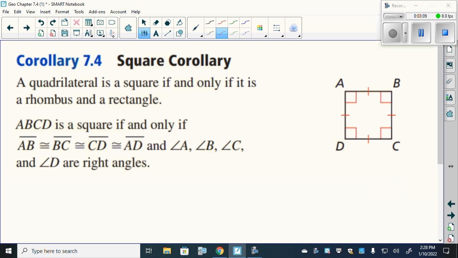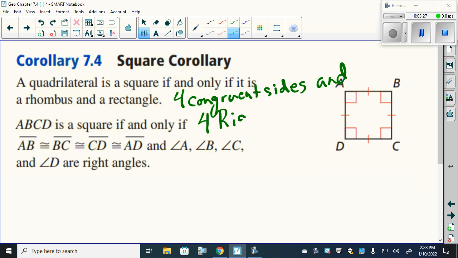A rhombus has what? 4 congruent sides. And 4 right angles.